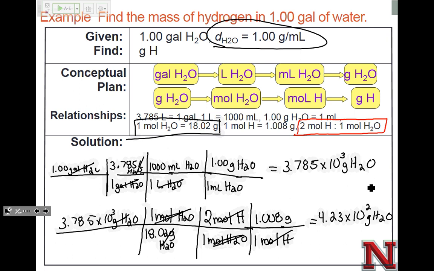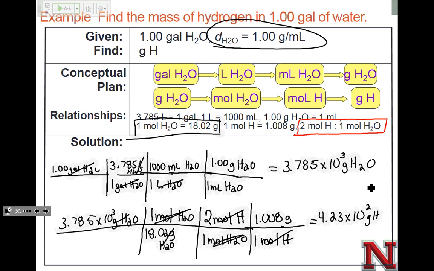Another reason why I'm showing this number, our grams of hydrogen, is because conceptually we would expect to have less mass of hydrogen than we would of the whole thing, because hydrogen's just a part.